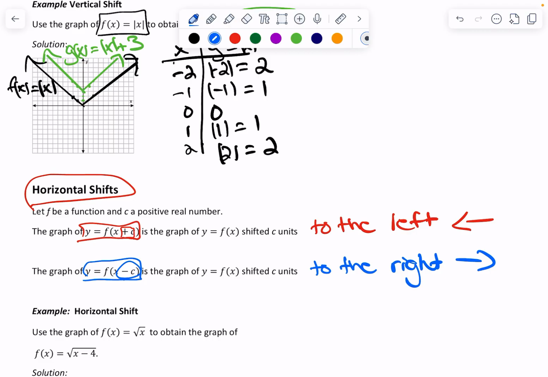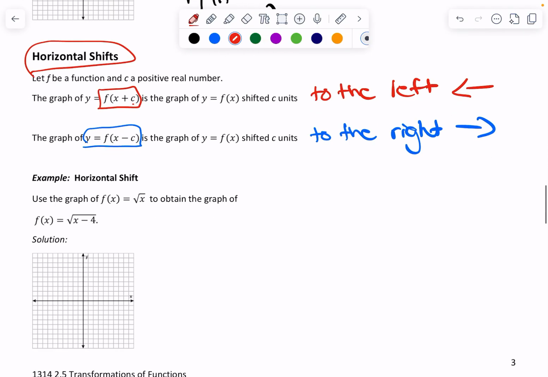And notice again, both of these are inside the parentheses, like with the x, so it's done to the x. Okay, so let's look at the graph here.